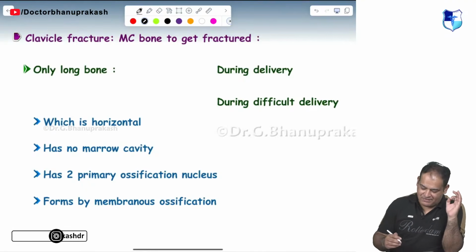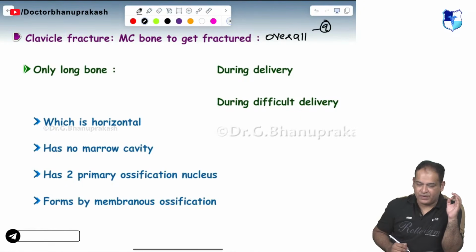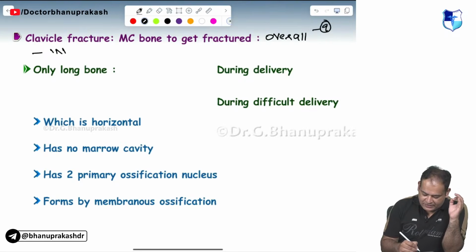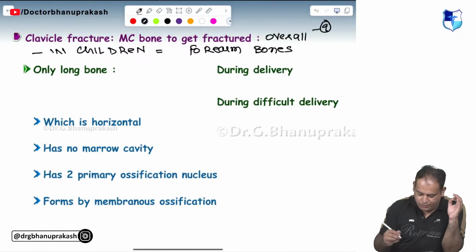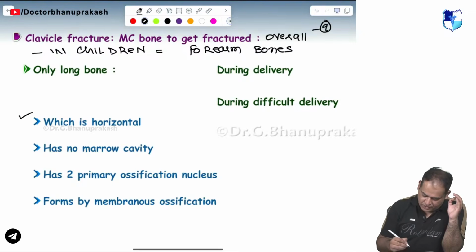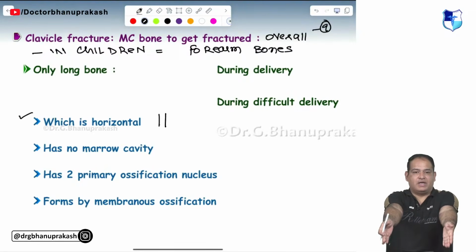About the clavicle. Clavicle is the most common bone to get fractured overall. Fine. In children, as I told you, the most common bones to get fractured are the forearm bones. Clavicle is the only long bone which is horizontal. Tibia, femur, vertical.